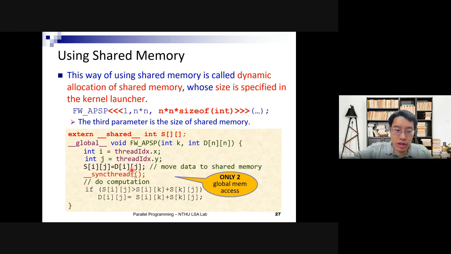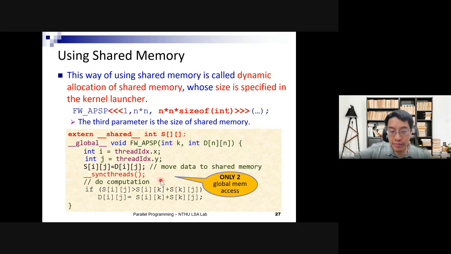So here we assume that the size of n is larger than 32, which is the warp size, so some of the threads will not be in the same warp. Therefore, we have to code a syncthreads to create a synchronization within the thread block, to make sure all the threads complete their data movement after this synchronization point.